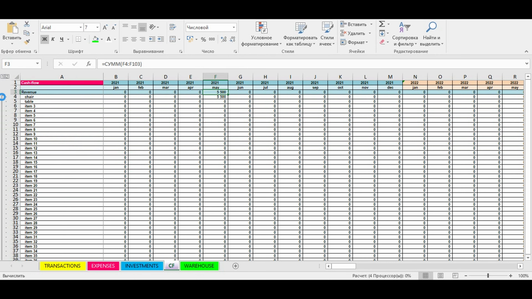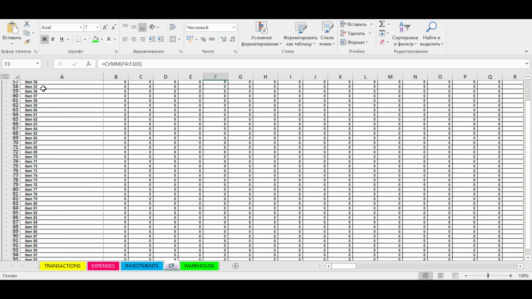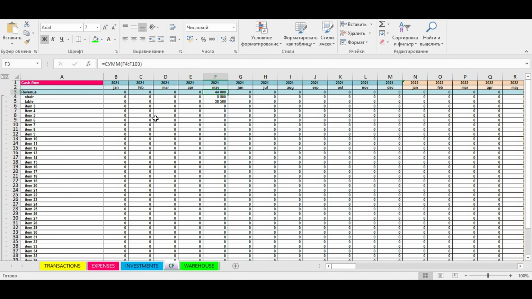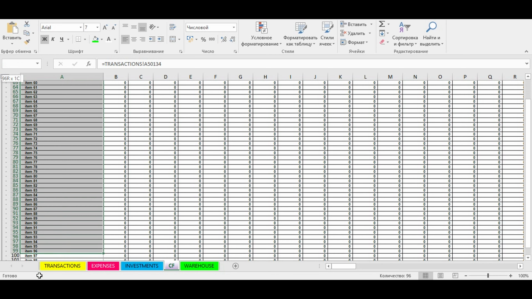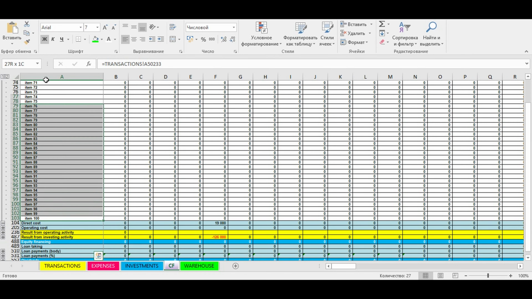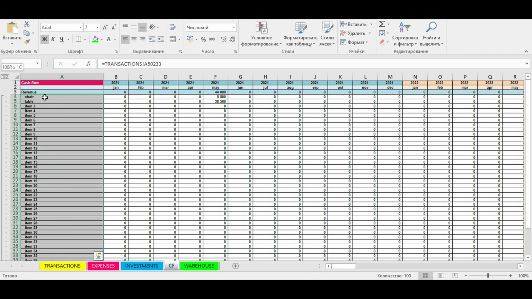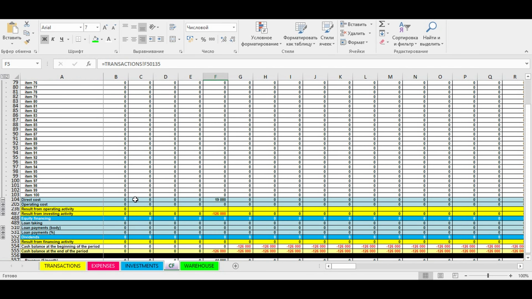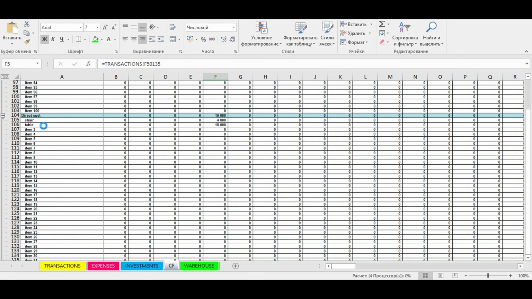Here we go, and here we see the revenue by chairs, by tables. So here we see all our items that we sell. Then here we see direct costs when we buy and sell chairs and tables.